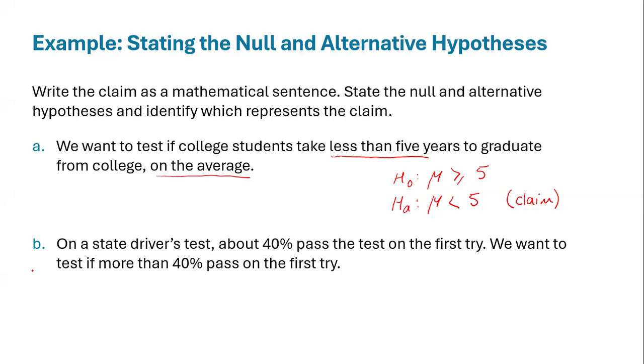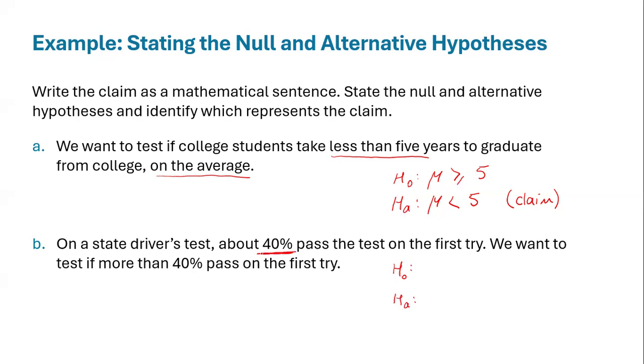Is this test about the population mean? Is this test about the population standard deviation? Or is this test about the population proportion? Because we need to know the exact population parameter to know the notation.